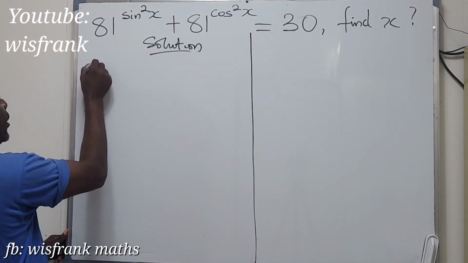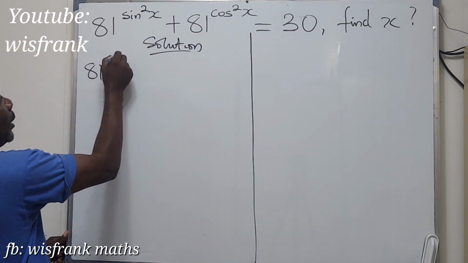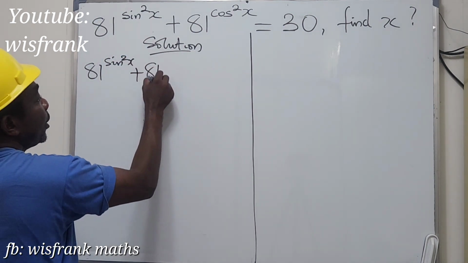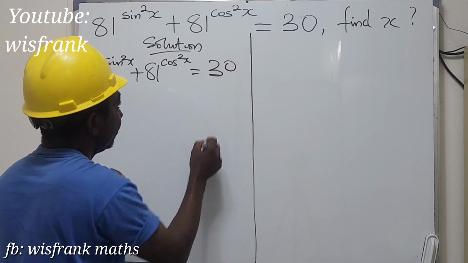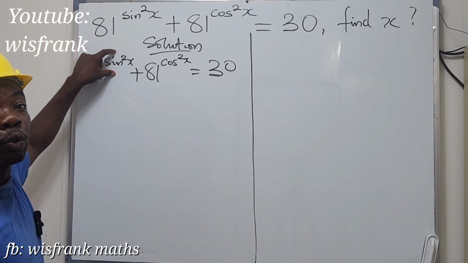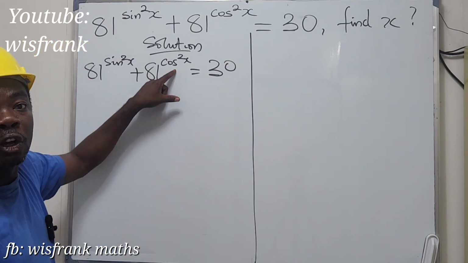We are given 81 to the power of sine squared x plus 81 to the power of cos squared x equals 30. Here we have the power of sine squared x and also the power of cos squared x.